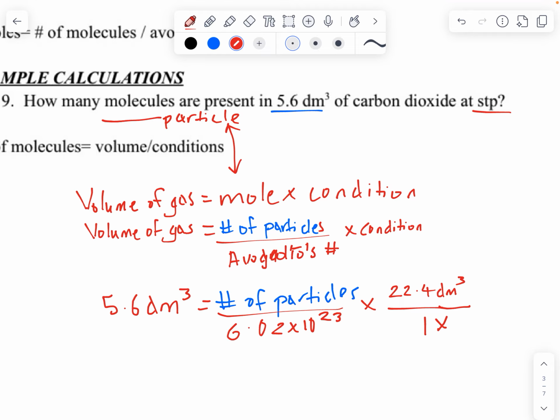So we divide by 22.4 dm cube. Whatever we do on one side we do to the other side, so we divide this by 22.4 dm cube, but it cancels here.